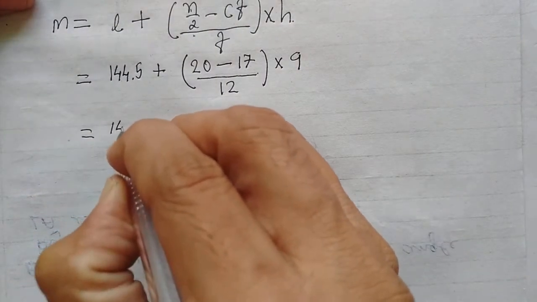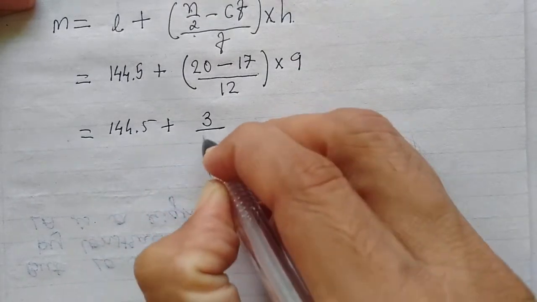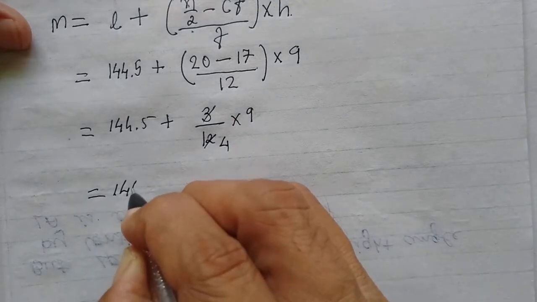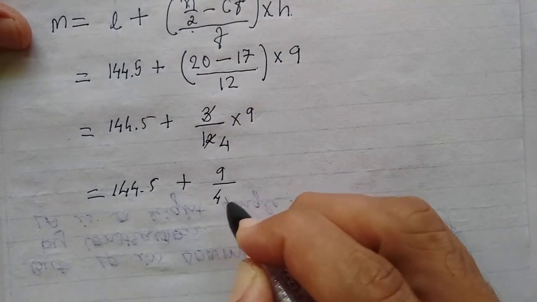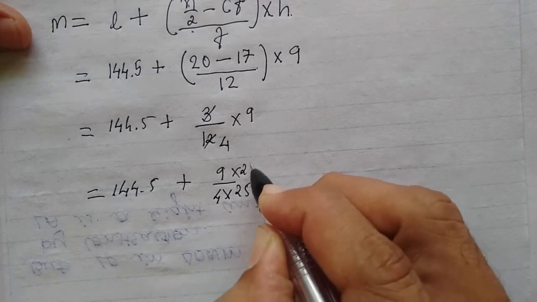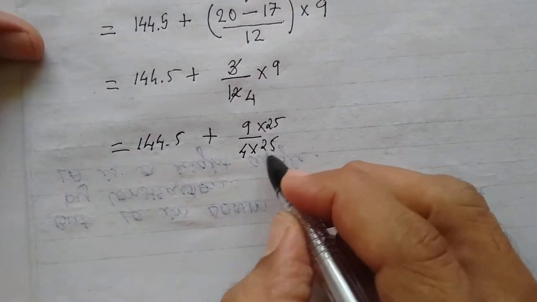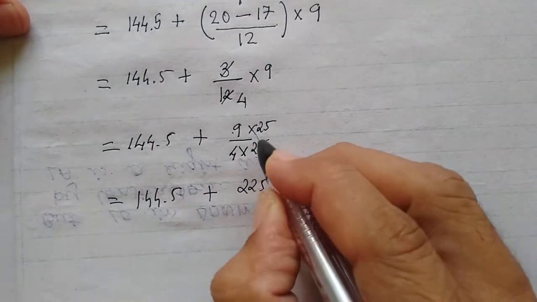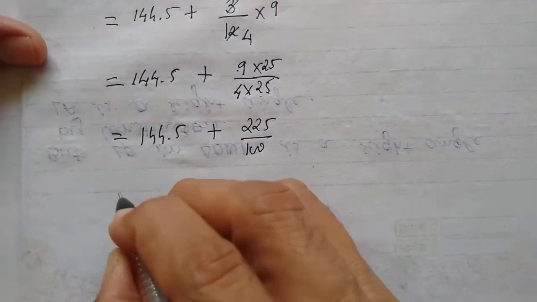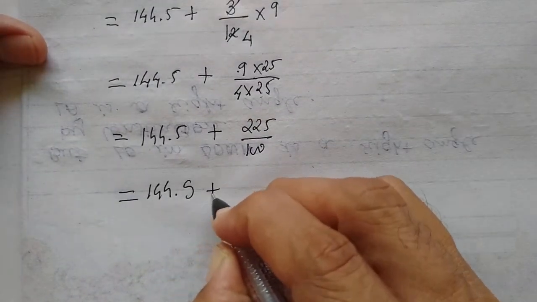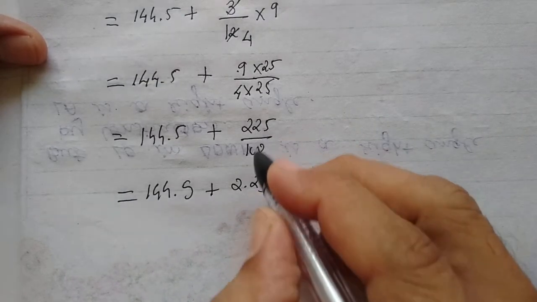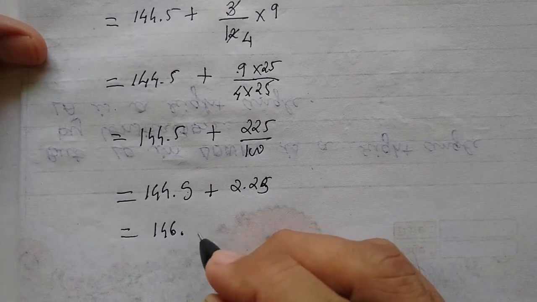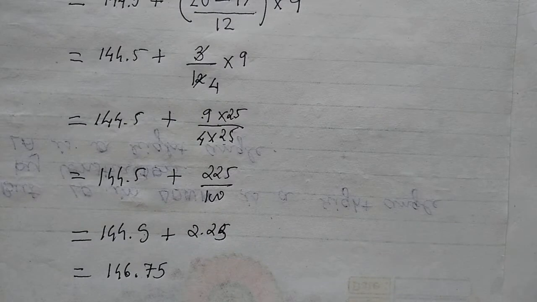144.5 plus 3 by 12 into 9, that is 9 by 4. Multiply by 25 up and down to get 100, so it is 2.25. Now 144.5 plus 2.25 is 146.75. Don't add it up to make it 30 children.